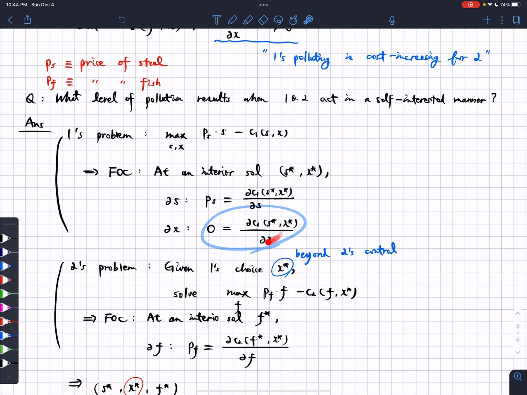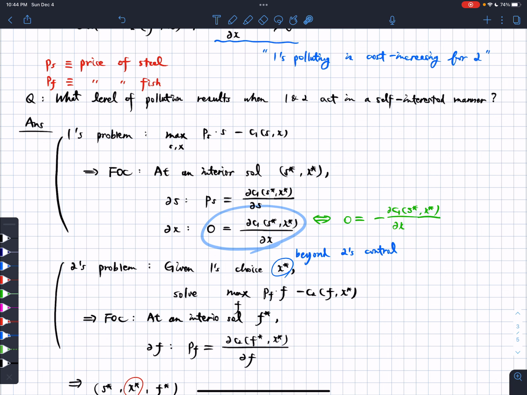To rewrite this, 0 is equal to that, and remember that together with this minus, this much is marginal social benefit.